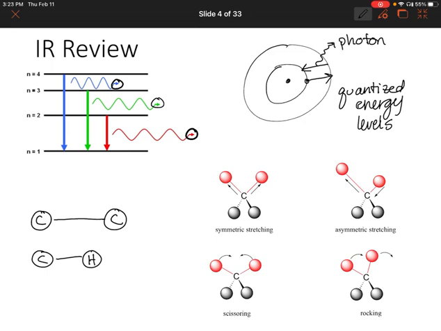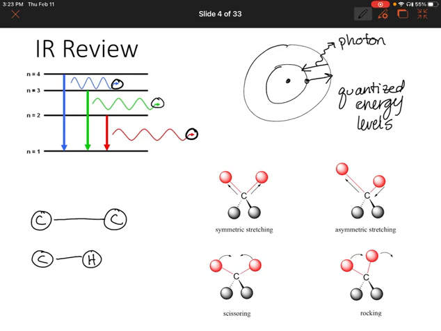Now, when bonds are radiated with IR light, they start to get excited, so they're going to vibrate. And they can vibrate in different ways. They can either stretch or they can bend.